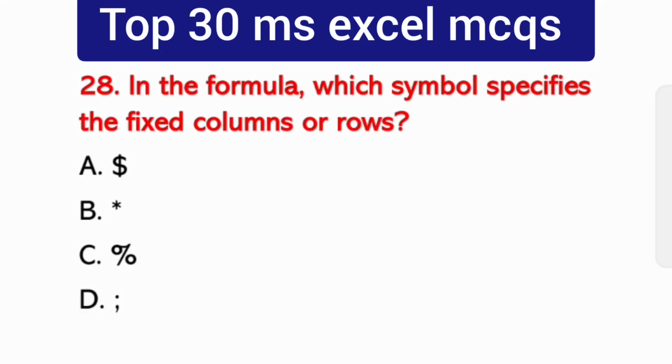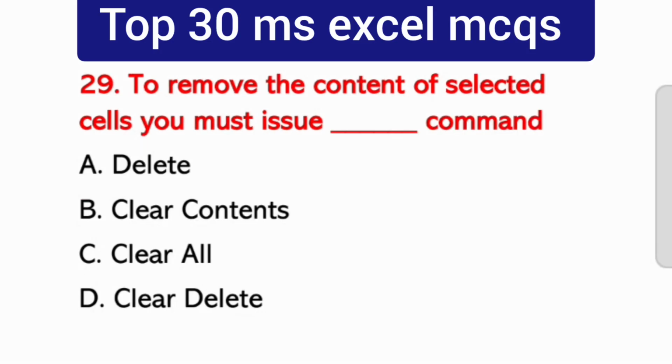In the formula, which symbol specifies the fixed columns and rows? Options: dollar, multiply, percentage, semicolon. Correct answer: dollar. To remove the content of selected cells, you must issue dash command.